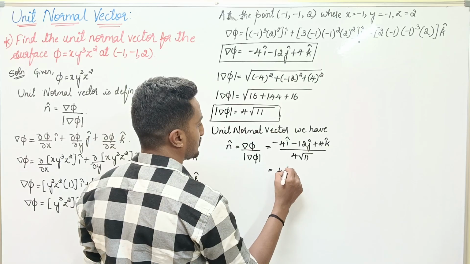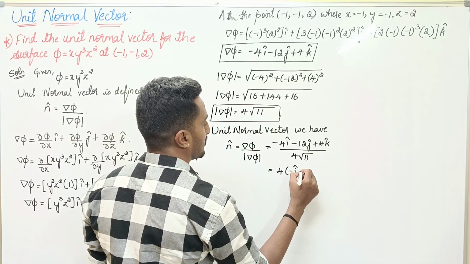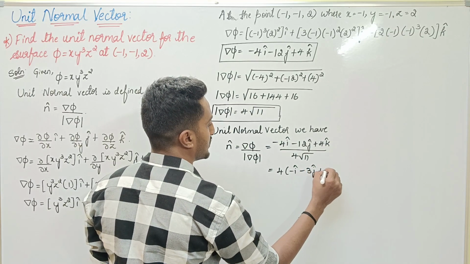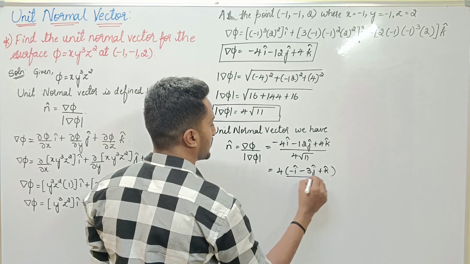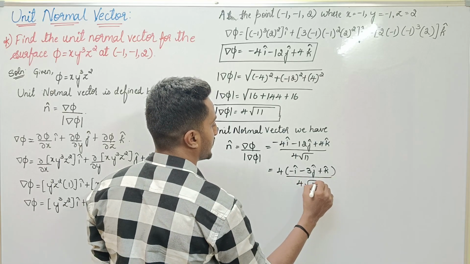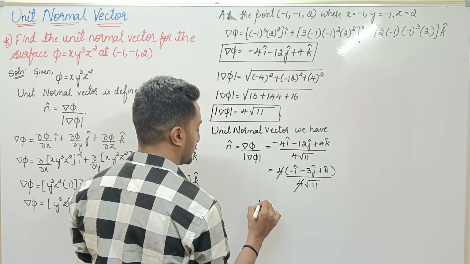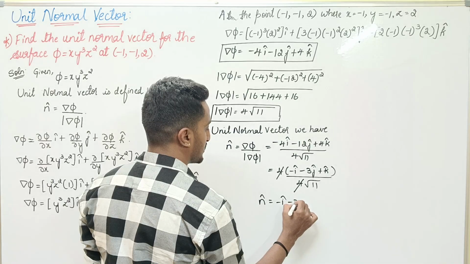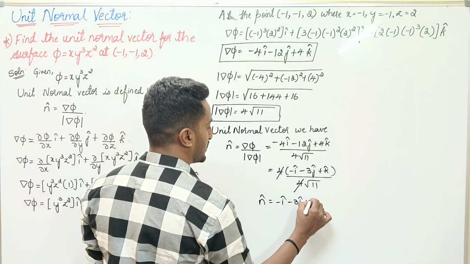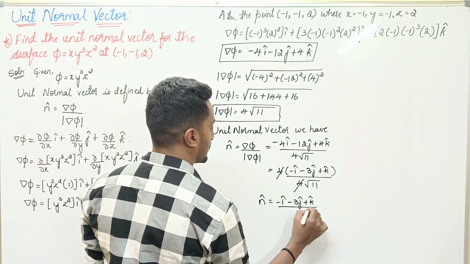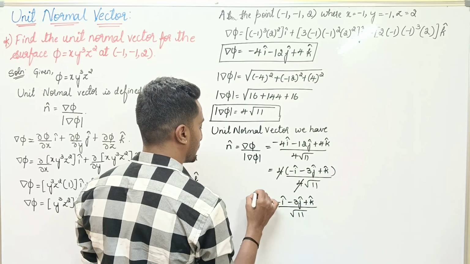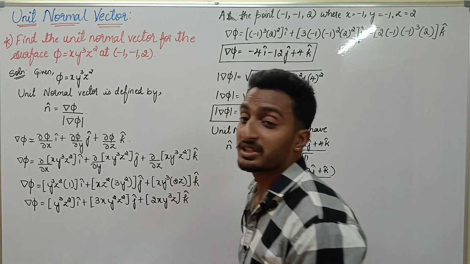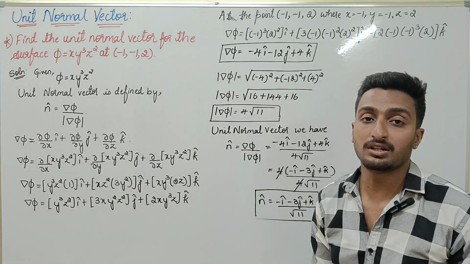So 4 into minus i cap minus 3 j cap plus k cap whole divided by 4 root 11. 4 gets cancelled, n cap is equal to minus i minus 3 j cap plus k cap divided by square root of 11. This is the required solution for the given unit normal vector.